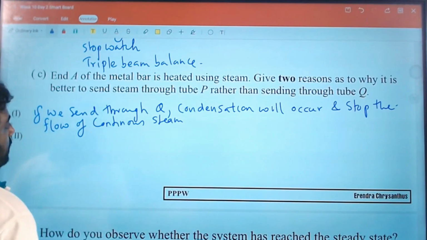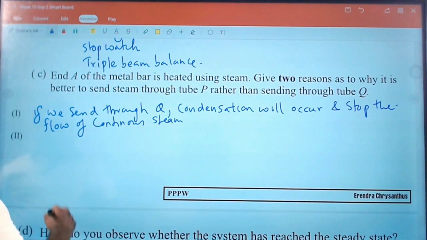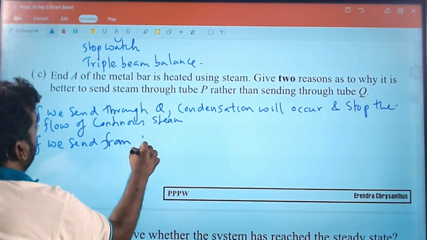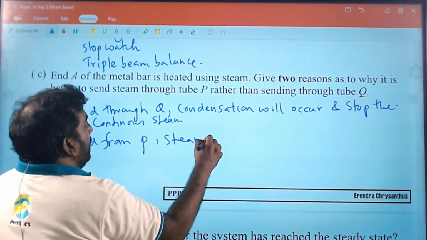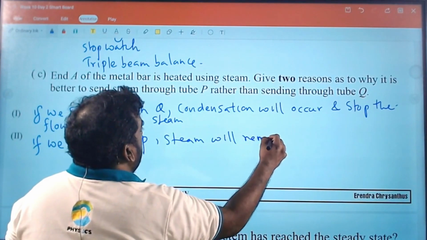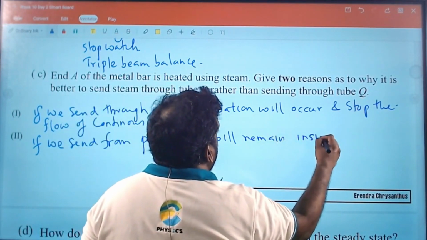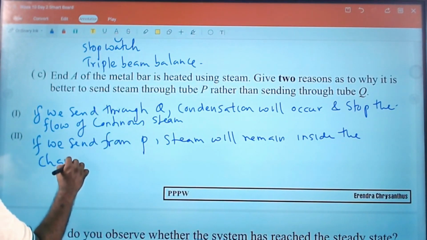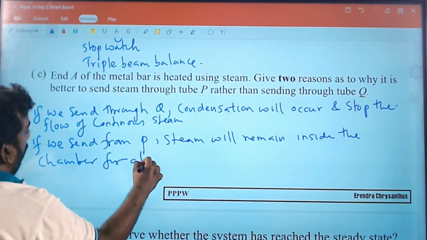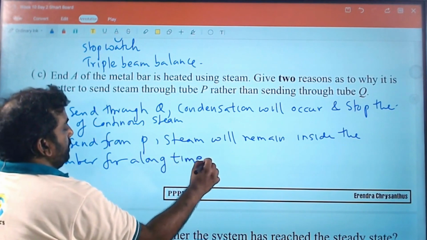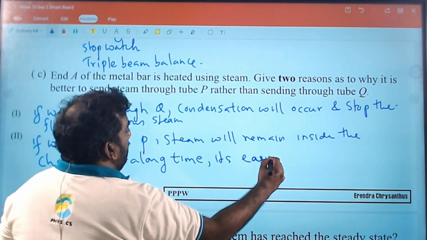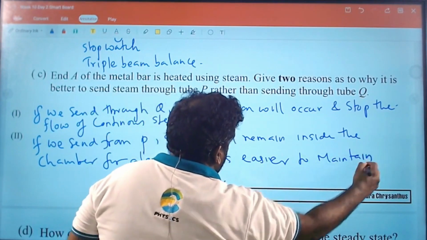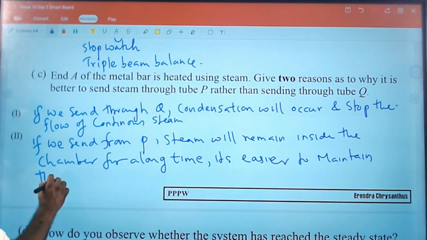Next is, if we send from P, steam will remain inside the chamber for a long time. It's easier to maintain the temperature at that end.